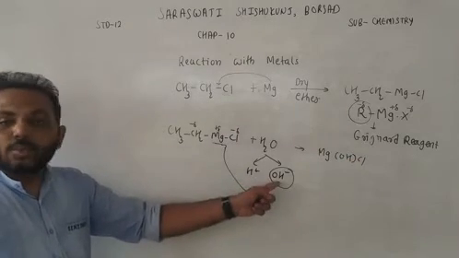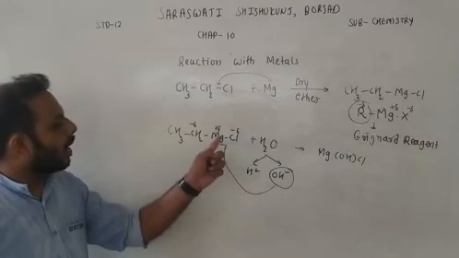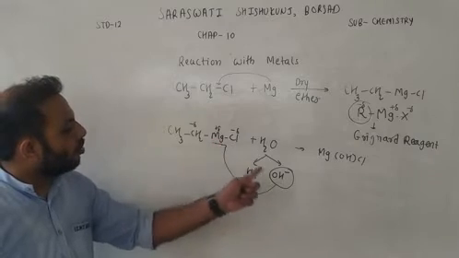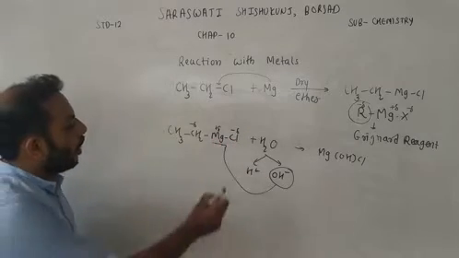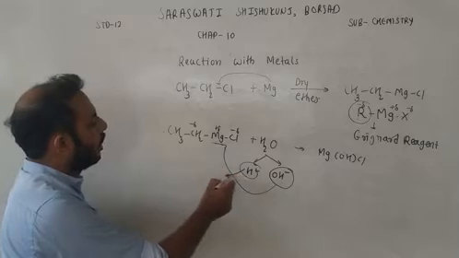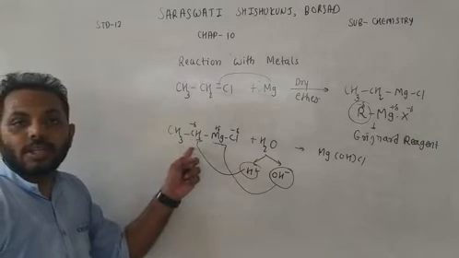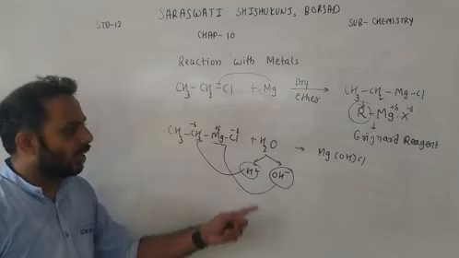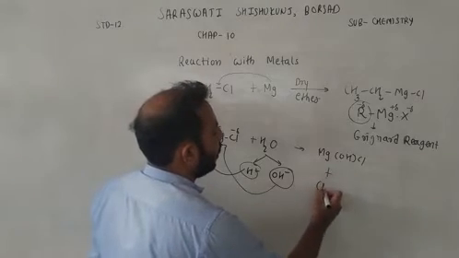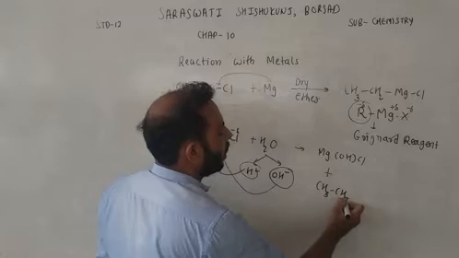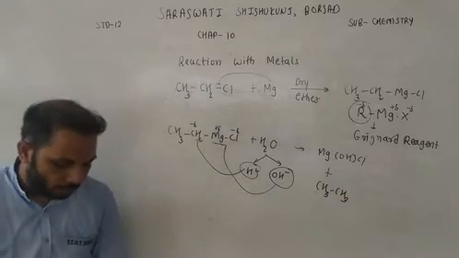Now, the hydrogen or proton will be attracted by the alkyl group, because the alkyl group has negative charge and H plus has positive charge, so it will form CH3CH3. So alkane is formed.